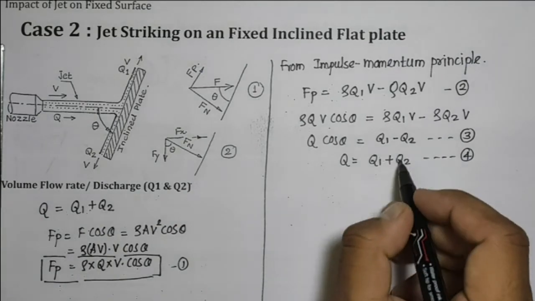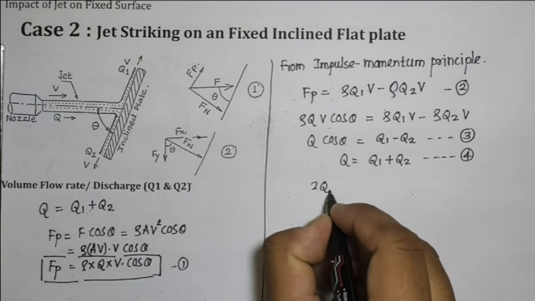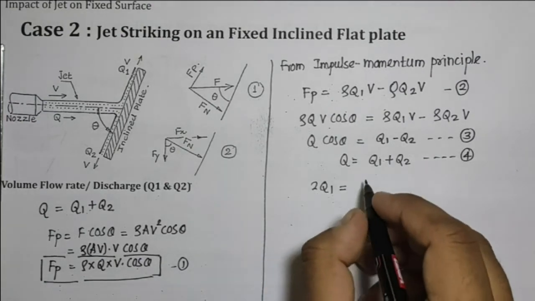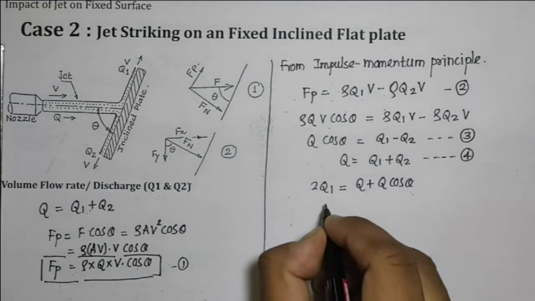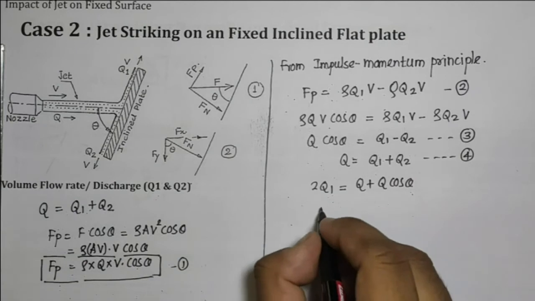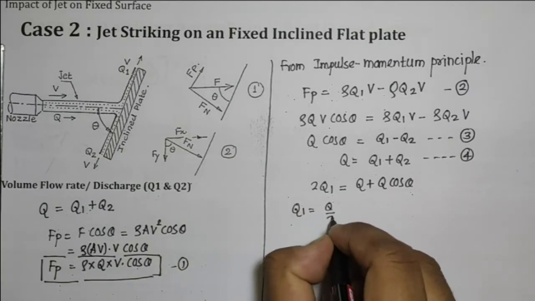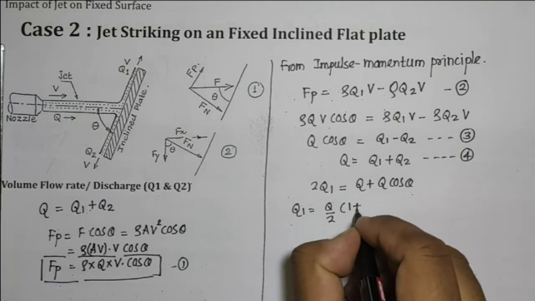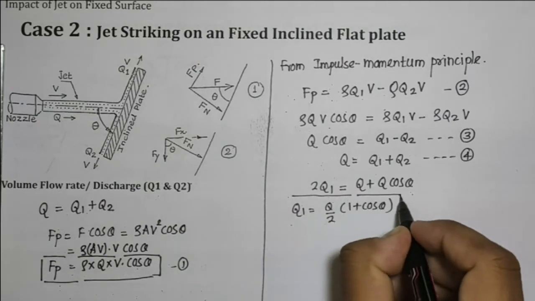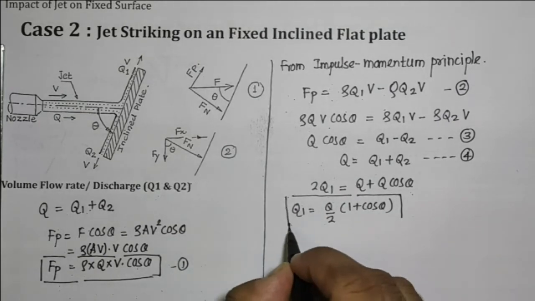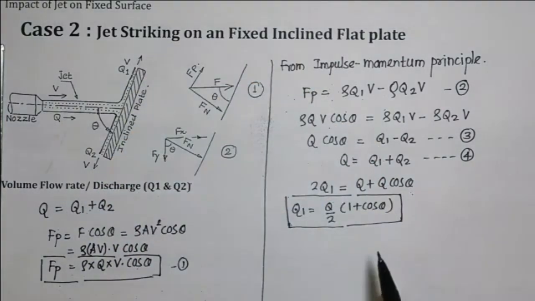So we will have 2Q1 is equal to Q plus Q cos theta, and rearranging that equation, Q1 is equal to Q by 2 in bracket 1 plus cos theta. This is nothing but the discharge in this direction.